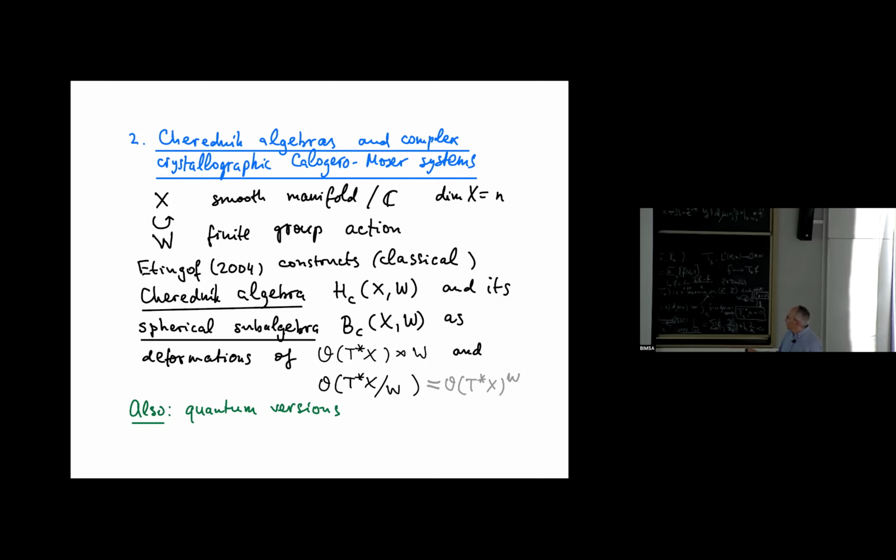So C here indicates the set of deformation parameters, and similarly, there is a spherical subalgebra sitting inside this Cherednik algebra, which is a deformation of the structure sheaf on this orbifold, the quotient of the cotangent bundle by W. And there are also quantum versions of these algebras, which will be useful when you consider quantization.